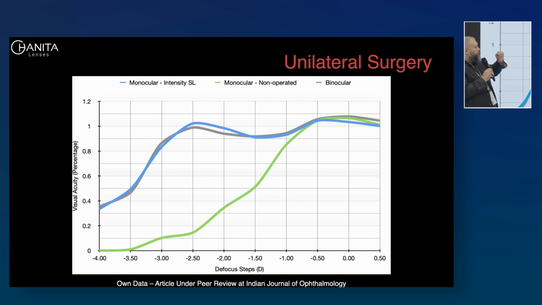This is a set of patients with the same brains, how the intensity improves the capability of the patients to see up close compared to a virgin eye. And the gray one is the binocular defocus curve, so with both eyes open. So what this shows is that implanting the intensity in the non-dominant eye and leaving the dominant eye virgin really improves binocular vision and doesn't impact negatively the satisfaction of the patients.